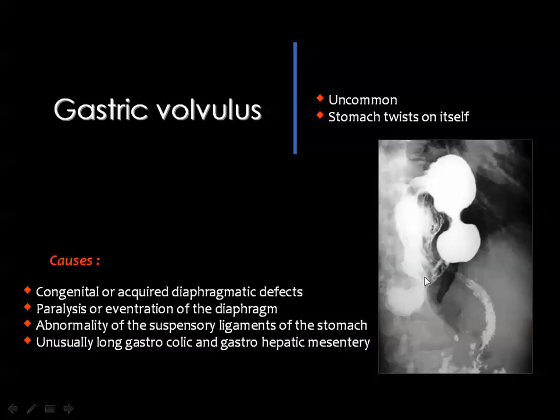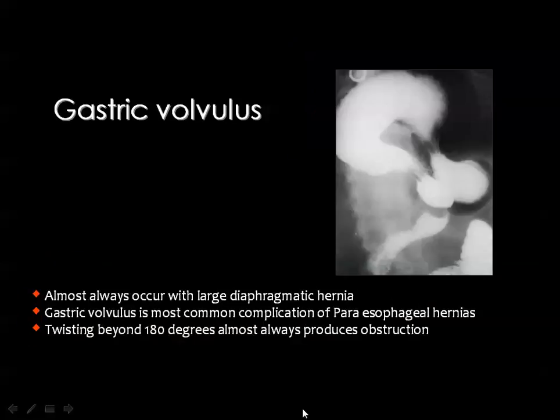Then gastric volvulus is a common situation, particularly in cases of diaphragmatic hernias and paralysis or eventration of the diaphragm. And the organoaxial type of gastric volvulus is more common than the mesenterico-axial type of the volvulus.